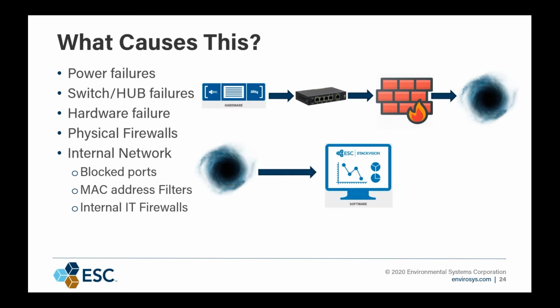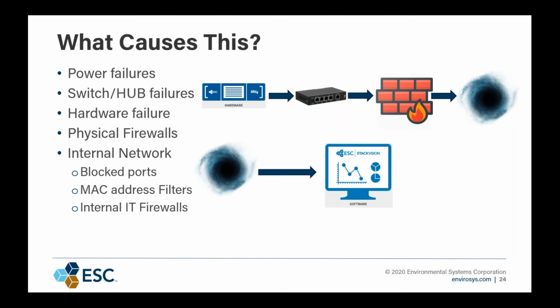So now we're starting to scope in on what really occurs in between your data logger and your Stack Vision. As much as we wish that it could be just a simple Ethernet cord from your data logger to your server, that's usually not the case.